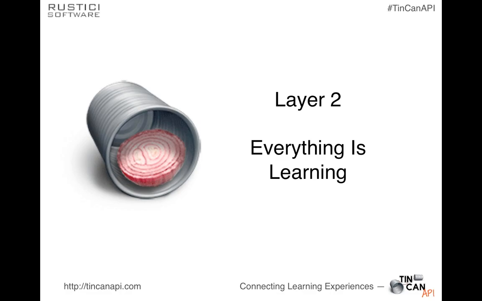A lot of these things are very valid learning experiences, and with Tin Can, we're going to be able to track them. We'll be able to track a person's holistic learning, not just online learning things, but anything that constitutes a valid learning experience can be tracked and start to be cataloged via Tin Can.